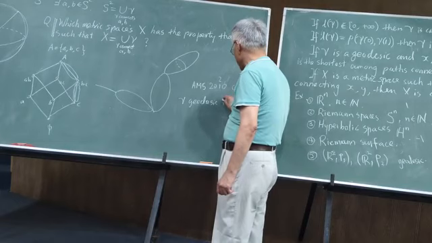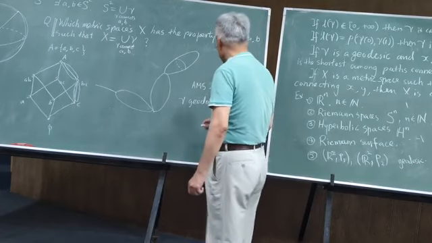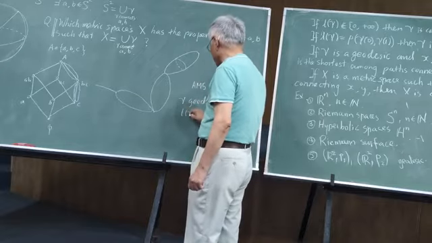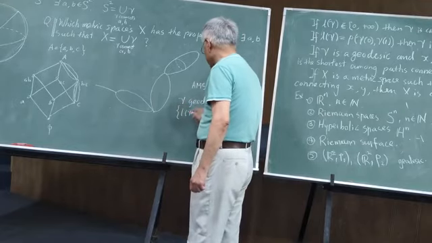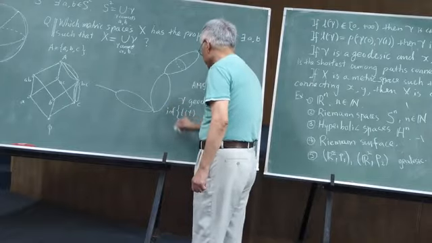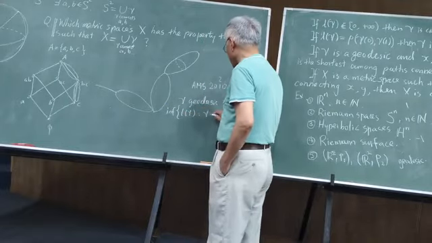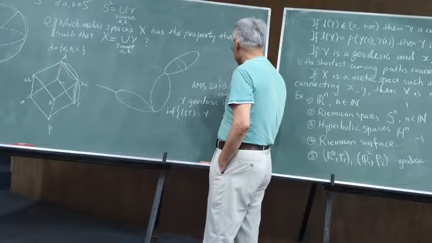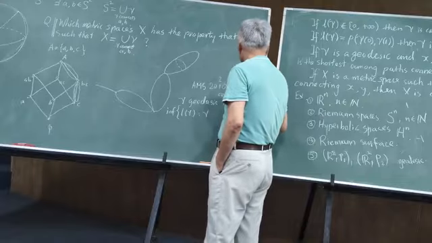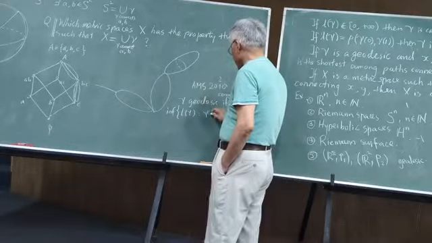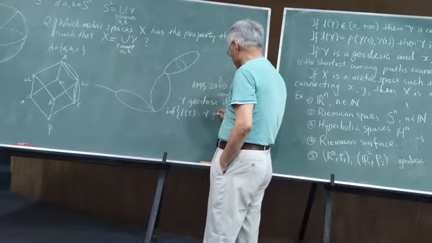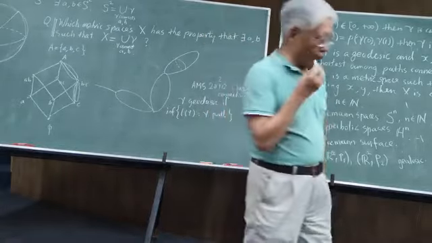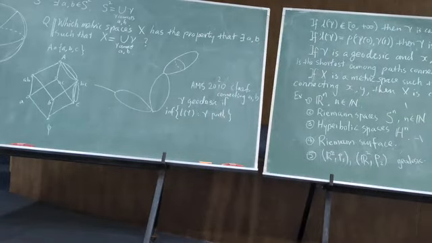If we take the infimum of the length, gamma geodesic connecting x and y, for example, gamma path, then this gamma which takes the infimum is called a geodesic.